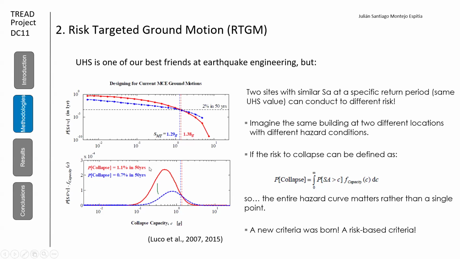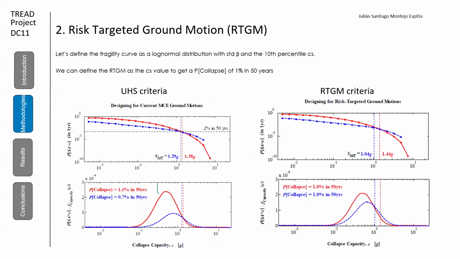So they changed the criteria a little bit and proposed, okay, don't fix the probability of exceedance of the hazard, but define a seismic demand that corresponds to a fixed probability of exceedance in terms of risk, in this case, collapse. In the left panel, you can see the same example I showed previously.